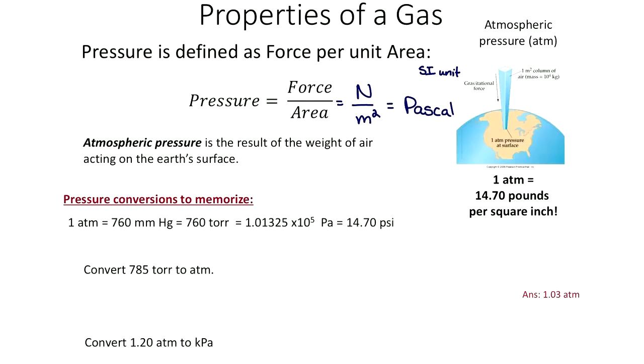A common pressure unit we use here on Earth is ATM, or atmosphere, where 1 atmosphere is referenced to the pressure at sea level. It's because humans are kind of selfish and we want earthly conditions to be 1, right? And then we reference everything to Earth conditions.